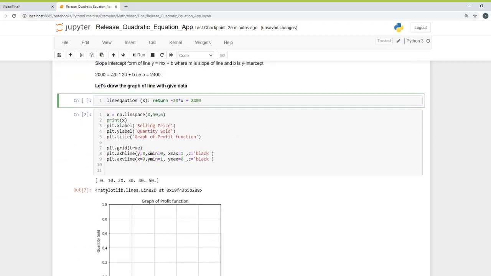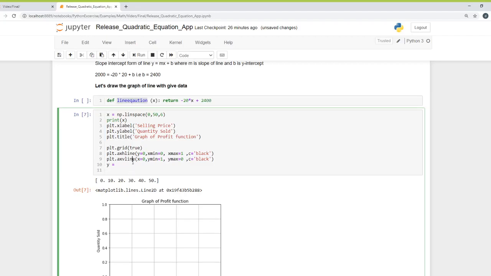And now we will draw the equation of line. We have taken the x values from 0 to 50, that is 0, 10, 20, 30, 40, 50, and y is equal to our function line equation, and we are passing the value x.